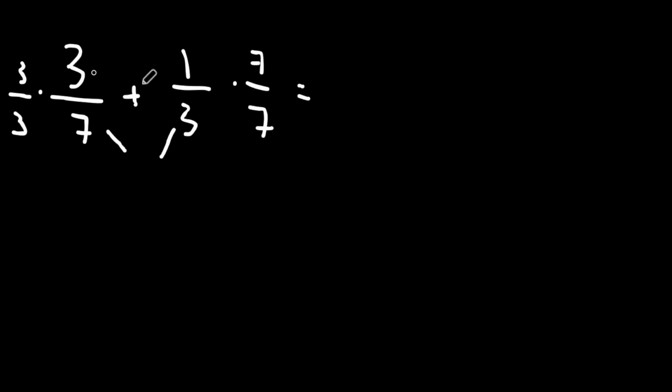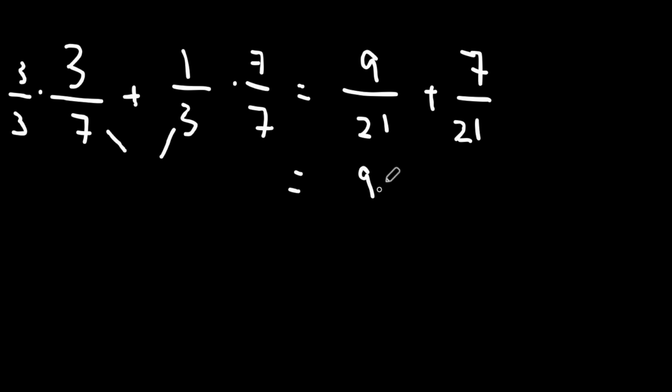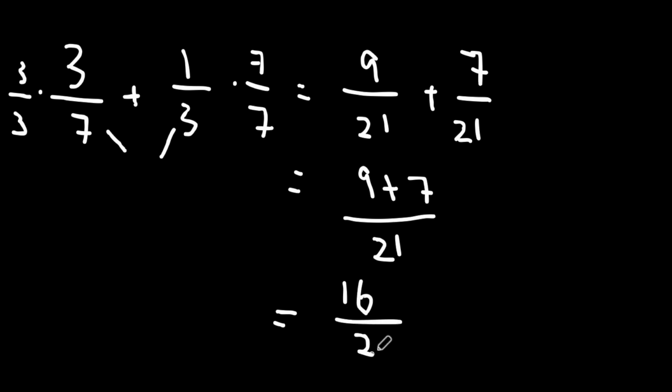What you get is 3 times 3 is 9 over 3 times 7 is 21, plus 1 times 7 is 7 over 3 times 7 is 21. So you get 9 plus 7, which through just your mental sums you should be able to tell is 16. So the answer is 16 over 21.